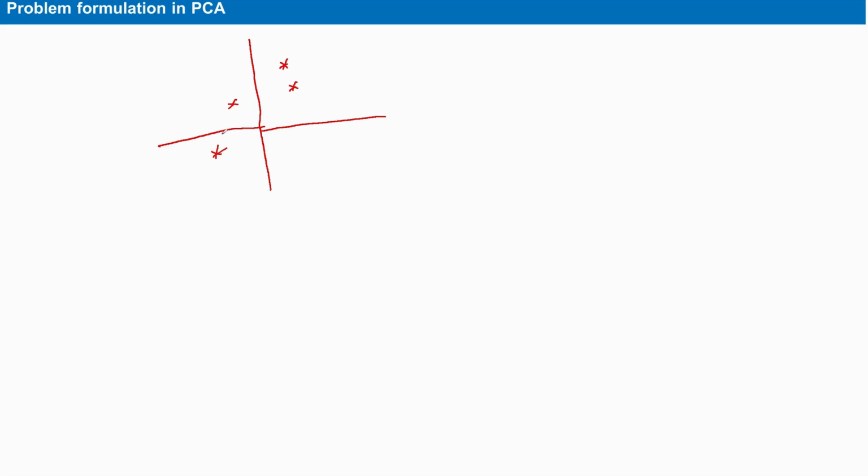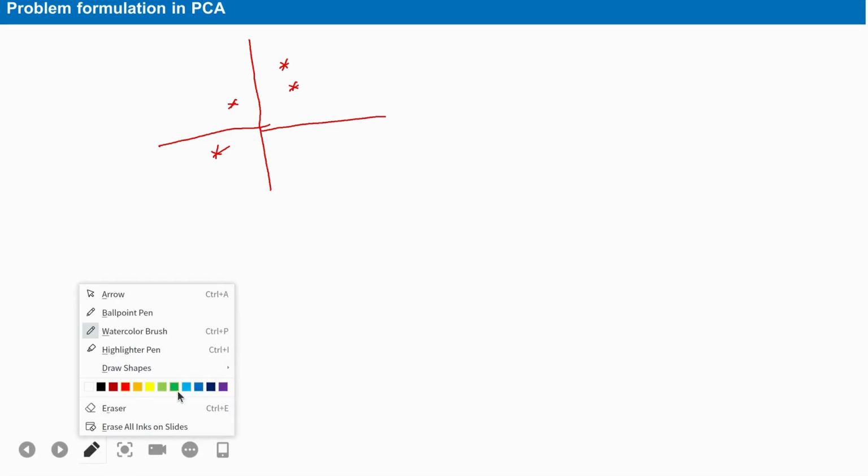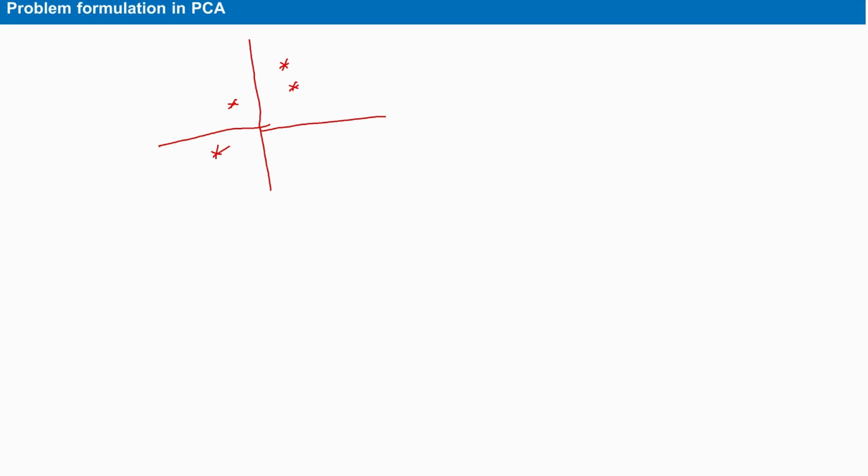So what principal component analysis will actually do is try to find such a plane. For example, if it is 2D, then it will try to find a line like this, in such a way that the squared error distance between the actual points and their projections is minimum.